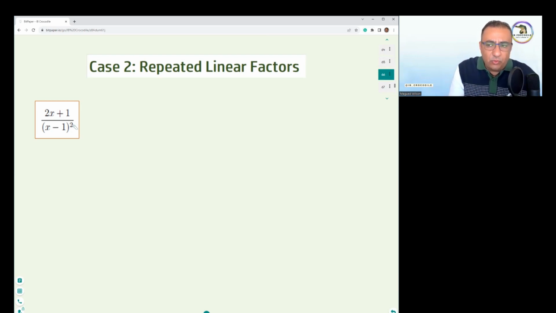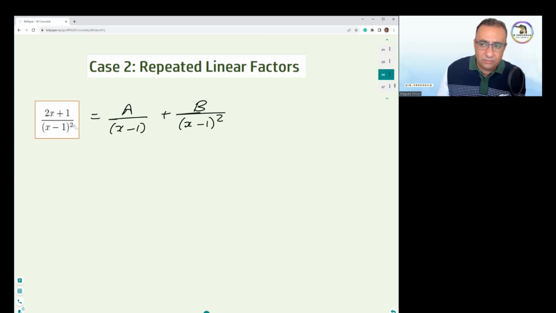The way to deal with that is, anyway, we're going to have a as a constant because it is linear. So a over x minus 1, but then plus b over x minus 1 all to the power of 2. And that is called the repeated linear factors. The constants on top still follow the rule, which is they are 1 degree lower than the factor.